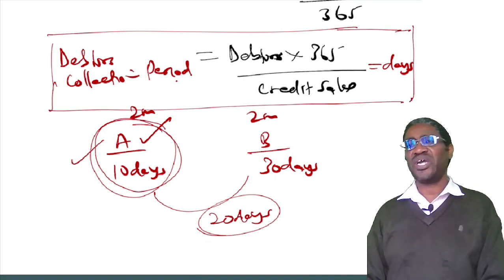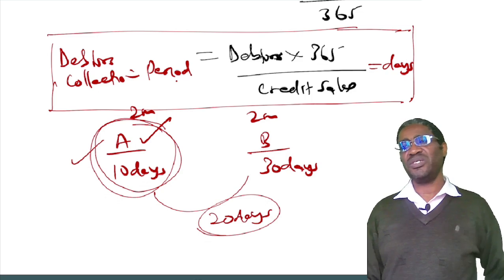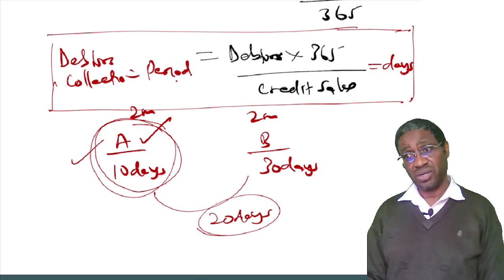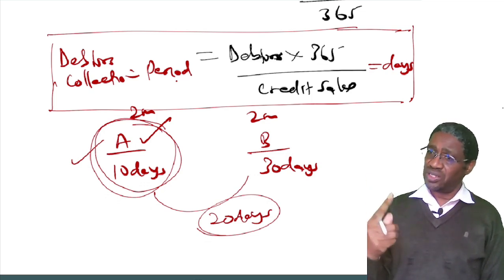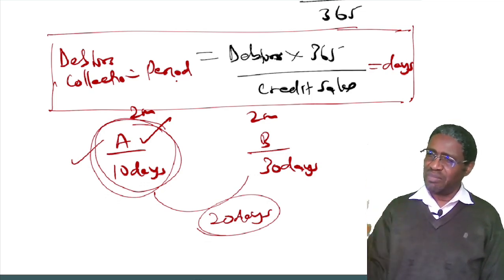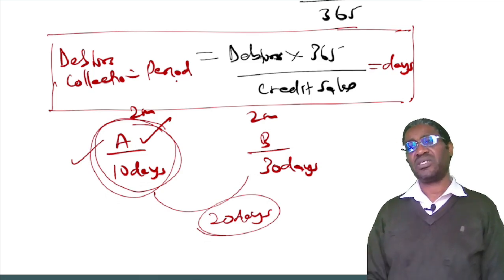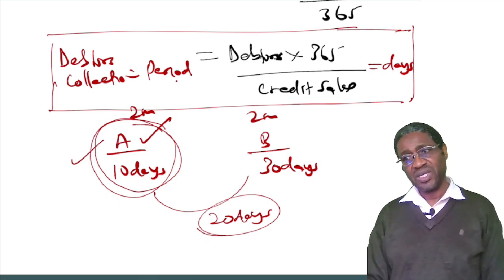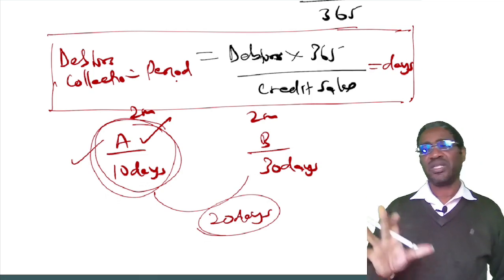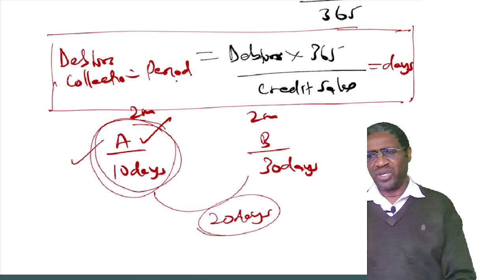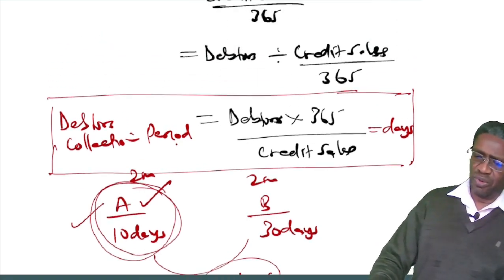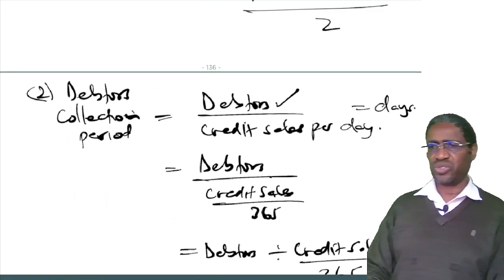The answer you get should be expressed in terms of days. And the interpretation of this ratio is that it gives you the number of days it takes to collect from debtors. We have said the shorter the period, the better the firm. Good. Before we go to number 3, let's put down those two first.